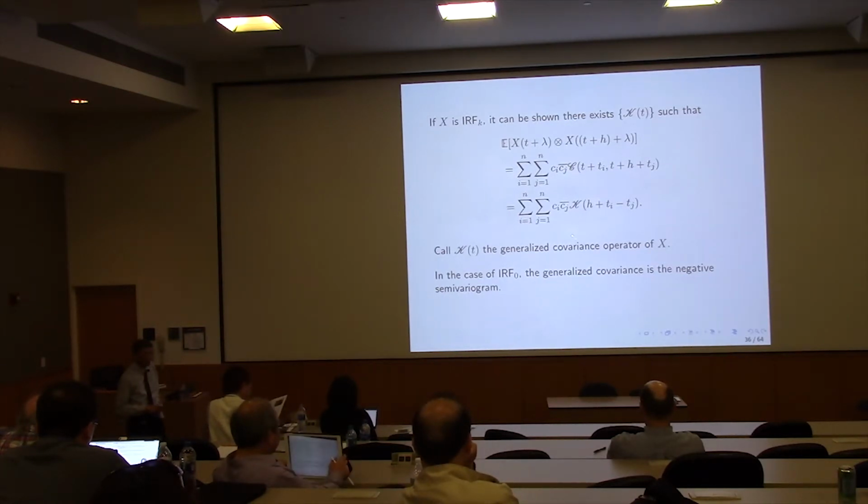So K acts like the covariance function, but it's really not the original covariance function. It's called generalized covariance by Matheron. And this is a somewhat complicated result. It's not especially deep, but if you haven't seen the proof, you will not find it very easily. It took us a long time to figure this out.